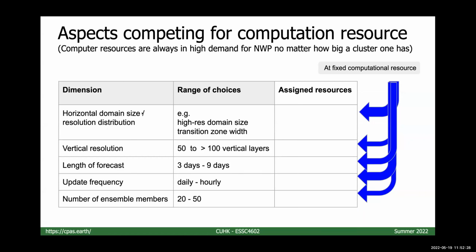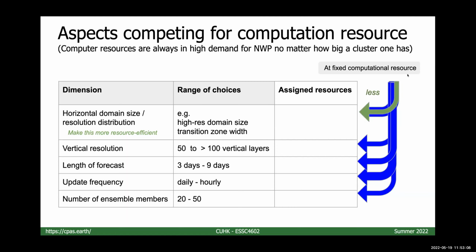So you may always want finer resolution for a larger area, but that will consume much more computational resource. So you are given a fixed budget of computational resource, and you will need to distribute it among these factors. For the NWP model, what we are doing is to make this horizontal resolution distribution more resource efficient, so it uses less computational resource in this factor.